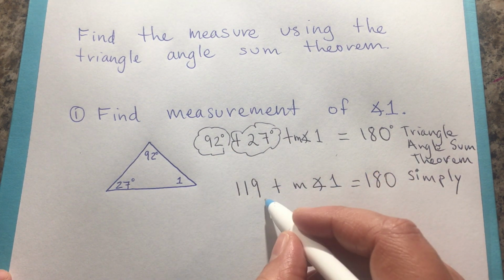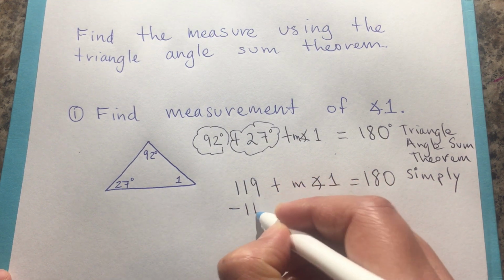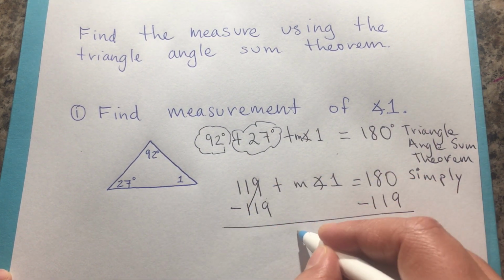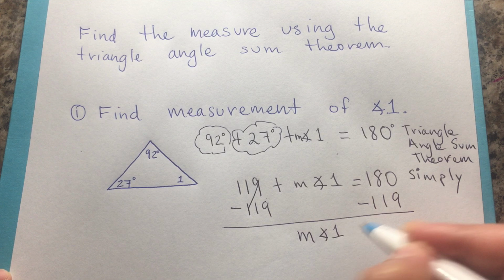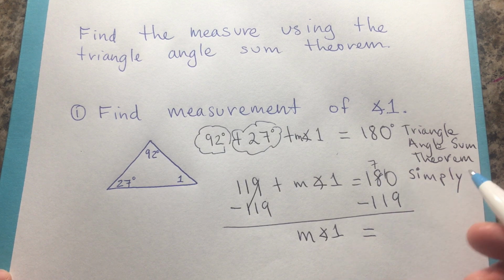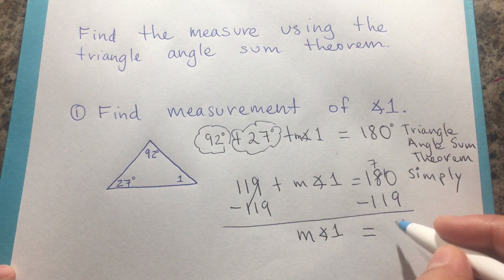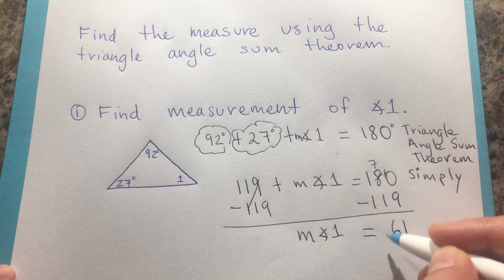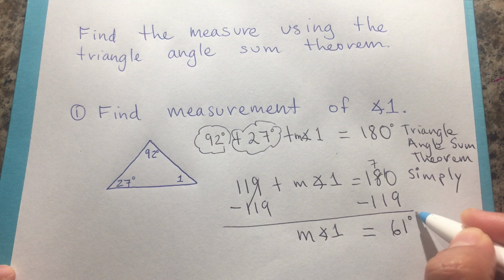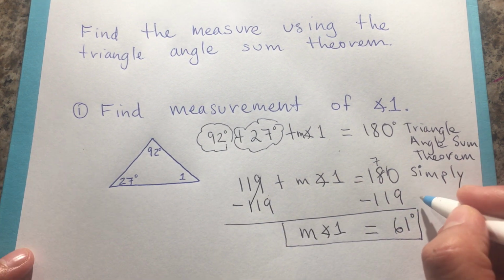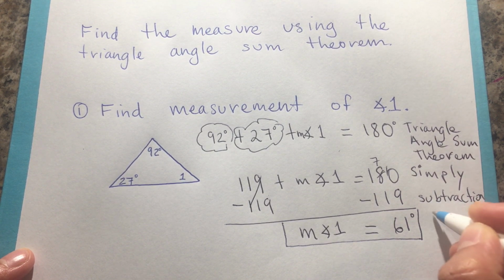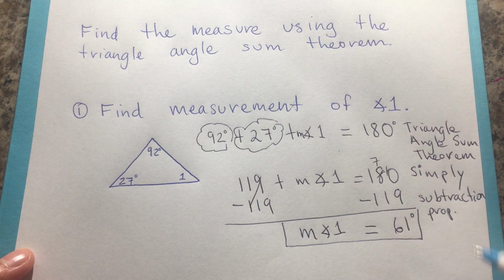The next step, since we're adding these two angles, we're going to subtract 119 from both sides, and so we know that measurement of angle 1 is equal to, you borrow 1, 10 minus 9 is 1, 7 minus 1 is 6, and 1 minus 1 is 0. Okay, so the measurement of angle 1 is 61 degrees. And the step that I didn't name is subtraction property. These are my justifications, okay?